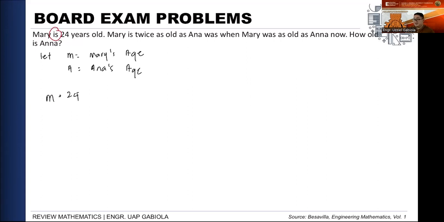Next is Mary is twice as old as Anna was. Okay? So, yung sabi niya, si Mary is. So, Mary is at present twice as old as Anna was. No?